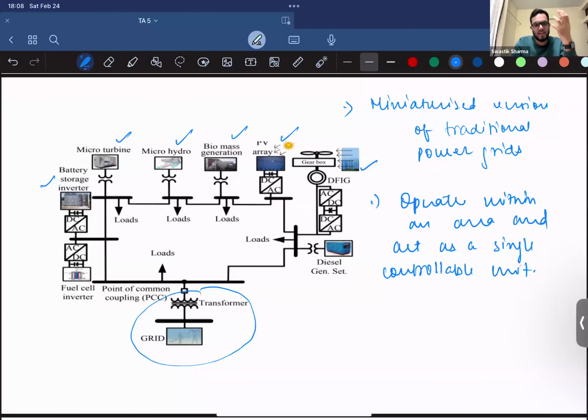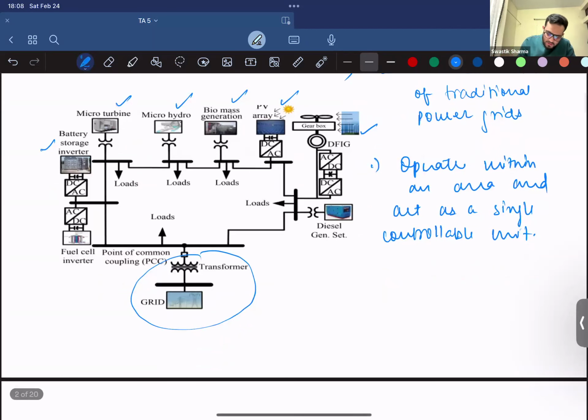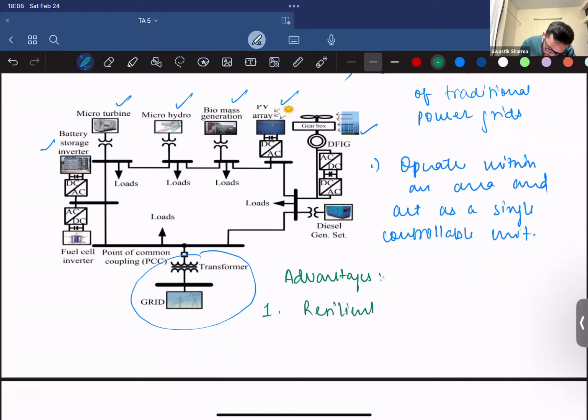Now, why have generation at the distribution side, right? We used to have these localized generating stations at the transmission side. Why do we feel the need to have it in the distribution side? So these can be attributed to the advantages that they have. So first of all, they make our system resilient. So what do I mean by resilient? Let's say that we have a power outage and we are disconnected from the main grid, right?